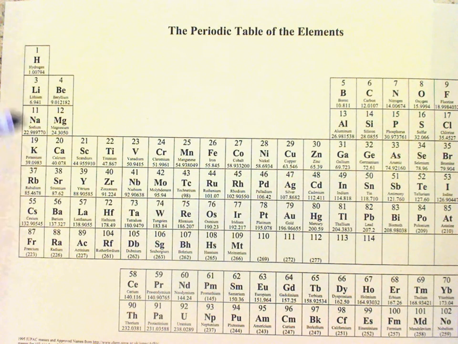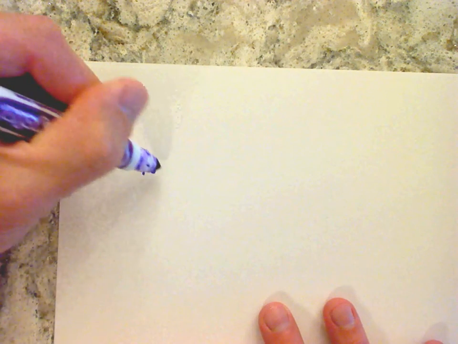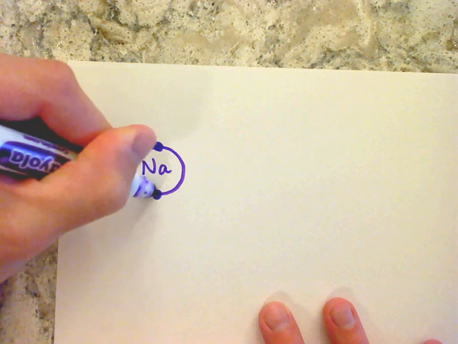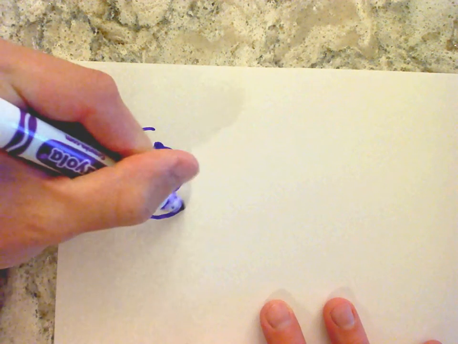Let's do sodium. Sodium has 11 electrons, so I'm going to draw that. Sodium, 11 electrons. So 2. Terrible circle, but we'll do it.